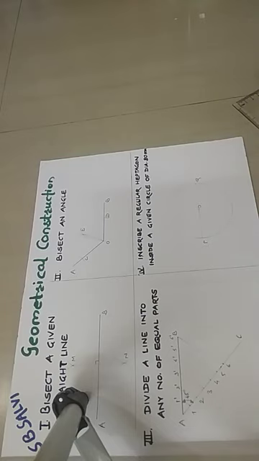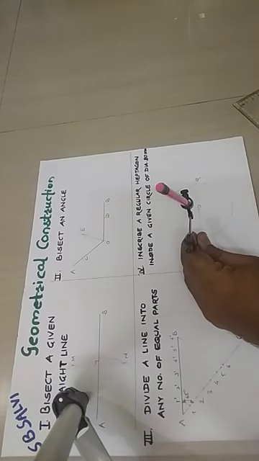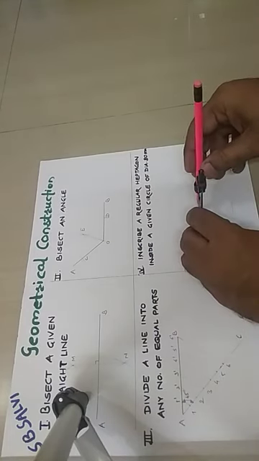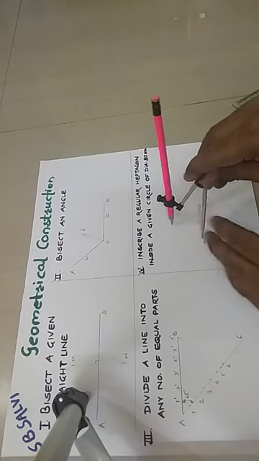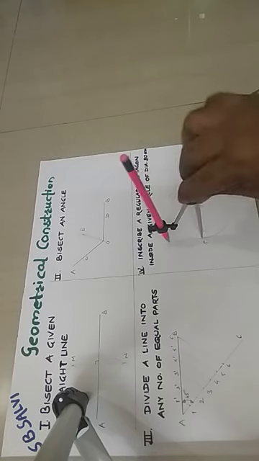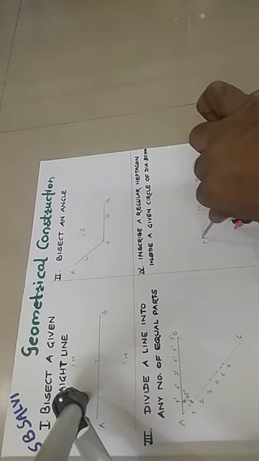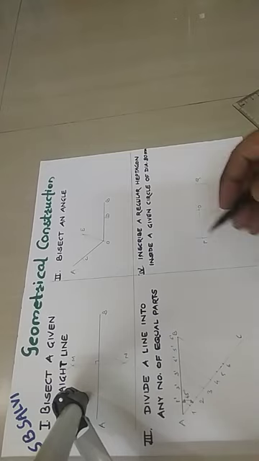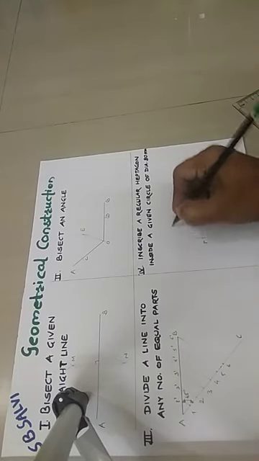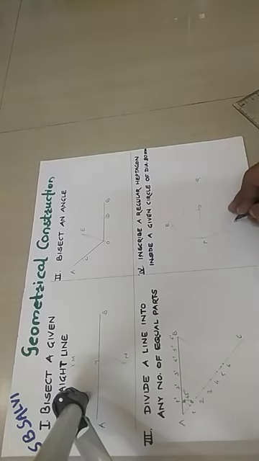Now P as center and PO as radius, draw an arc cutting the circle at E and F. So one faint arc is to be drawn. It's intersecting over here. So this is point E and this is point F. So 2 points we have got.